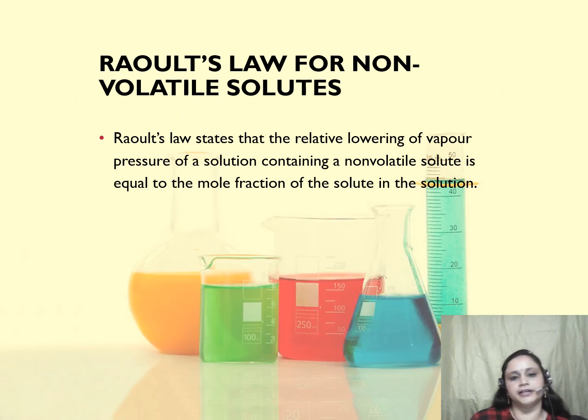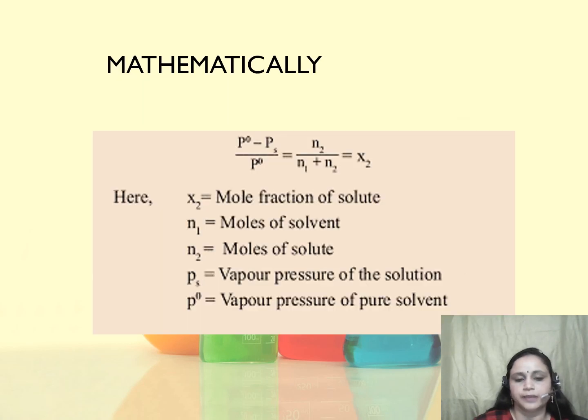For a non-volatile solute, because the non-volatile solute does not vaporize, its own contribution to the vapor pressure is negligible. In such a case, the relative lowering of vapor pressure is equal to the mole fraction of the solute in the solution. Mathematically, it can be represented as P naught minus PS upon P naught is equal to N2 upon N1 plus N2, which is xi2.